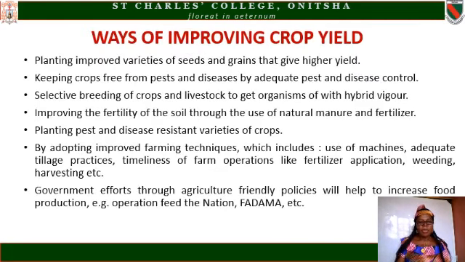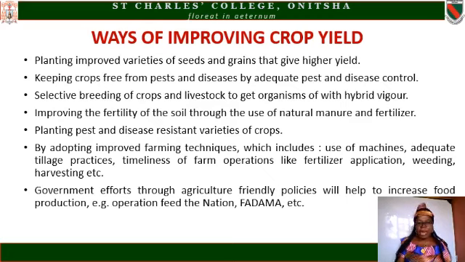Now, under food production, we know that if we take care of the crops and plant them as is necessary, as is supposed, we will get a good yield. Now, there are ways of improving crop yield. 1.